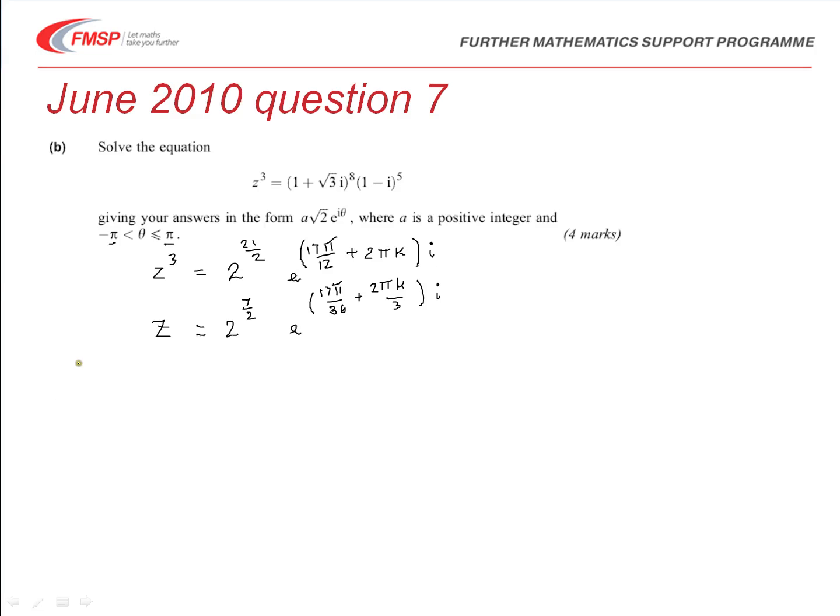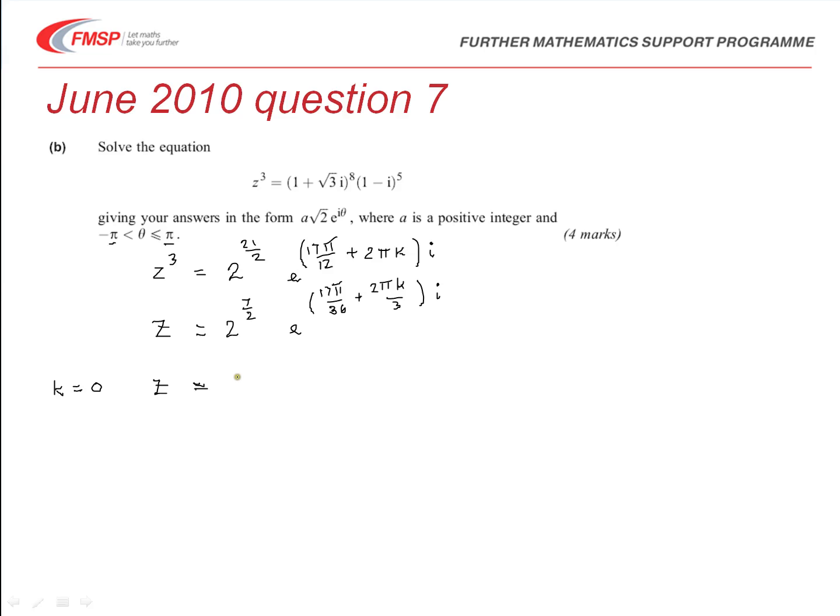So, if we put k as 0, that would be an obvious answer, which will lie in the range, because when k is 0, z would be equal to, well, the 2 to the power of 7 over 2, if we think about that, is the same as 2 to the power of 6 over 2 times 2 to the power of a half.